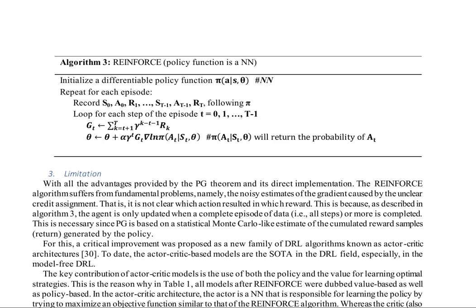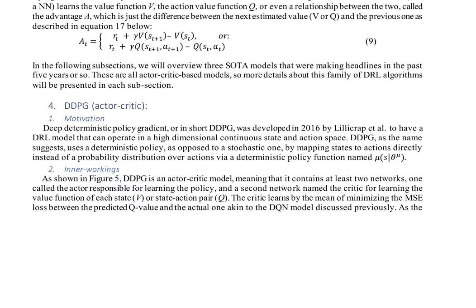It uses a deterministic policy function, mu(s, theta), to map states to actions directly. The critic learns by minimizing the mean squared error loss between the predicted Q value and the actual one. The actor and critic networks are updated simultaneously, allowing the agent to learn optimal policies in complex environments.